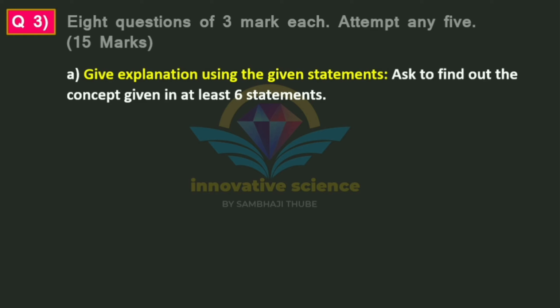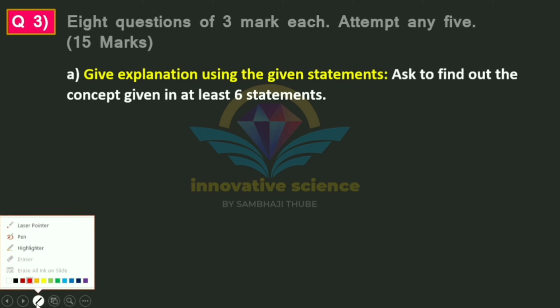After finding out the concept, you have to explain it with examples. And in this type of question, you have to write 6 points each, and each point carries a half mark.